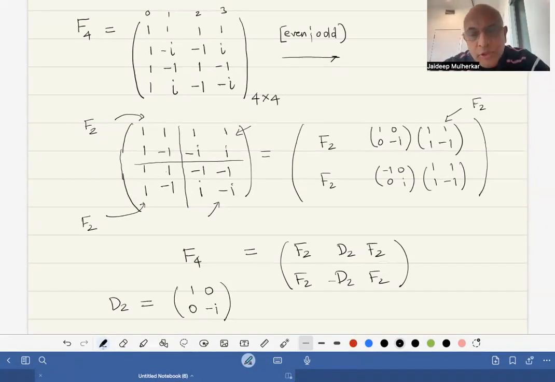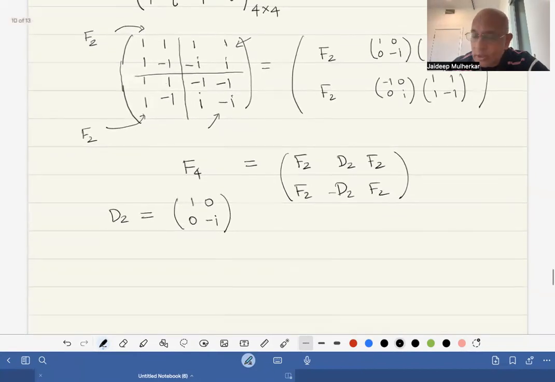So what have we achieved? We have written basically a larger matrix as some block matrices which are of smaller dimension. But then we have also written them in such a way that there are now more zeros over here. So notice D2 is a diagonal matrix. And so the idea is to successively do that.